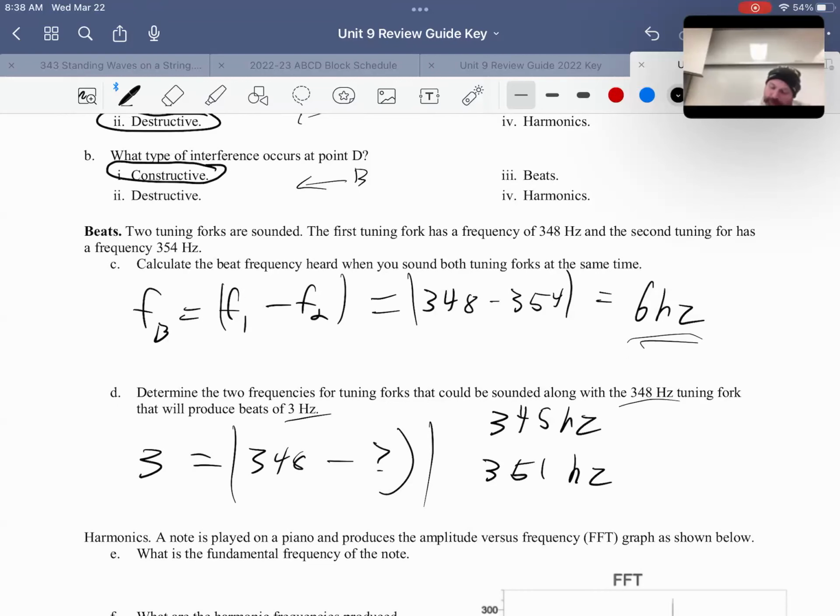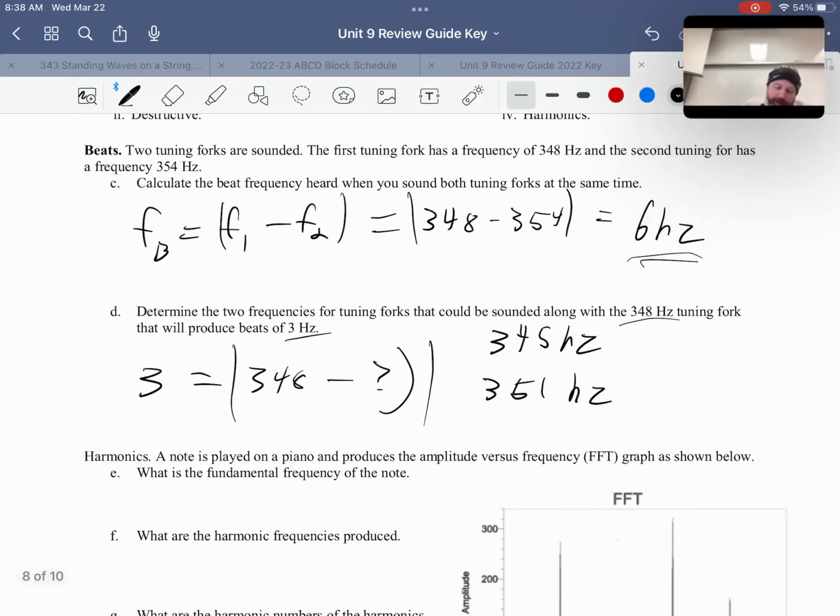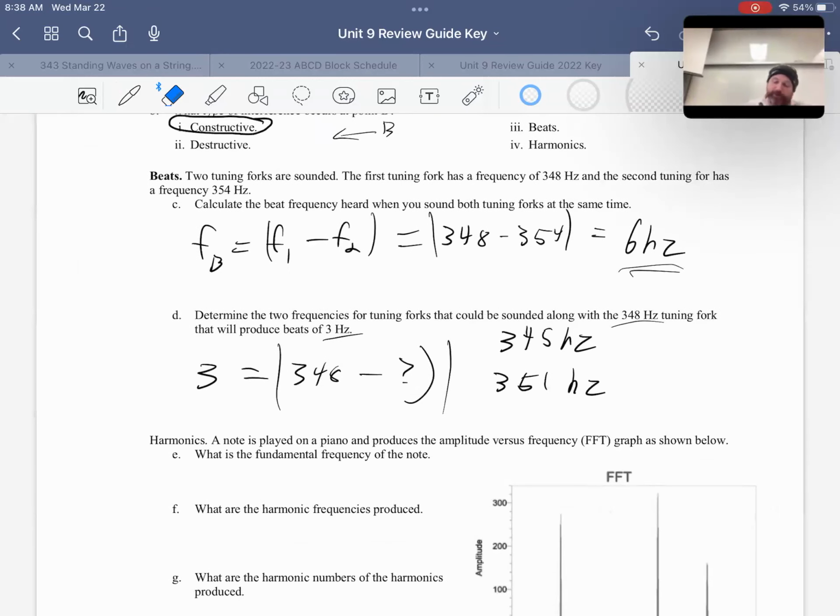So either one will give the difference of 3 hertz. We didn't do a lot of that in class, but it is pretty simple. Beat frequency is just the difference between two frequencies that are very close to each other.